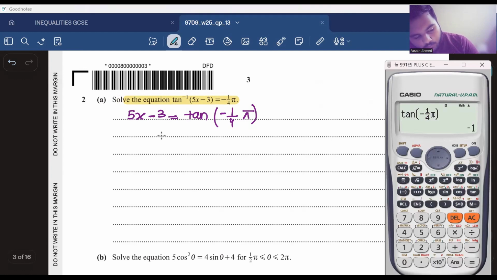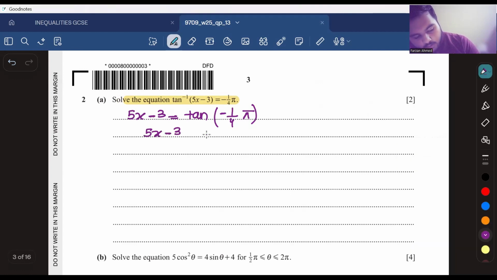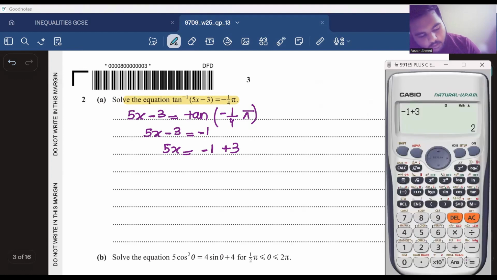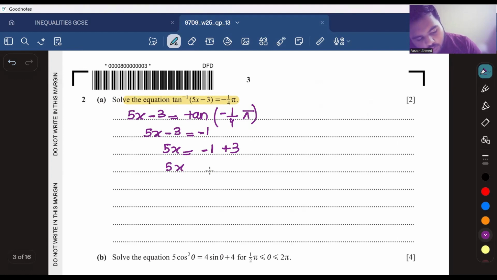So 5x minus 3 is equal to minus 1. So 5x equals minus 1 plus 3, which is equal to positive 2. So 5x equals 2. So the value is 2 upon 5. This is the final answer.